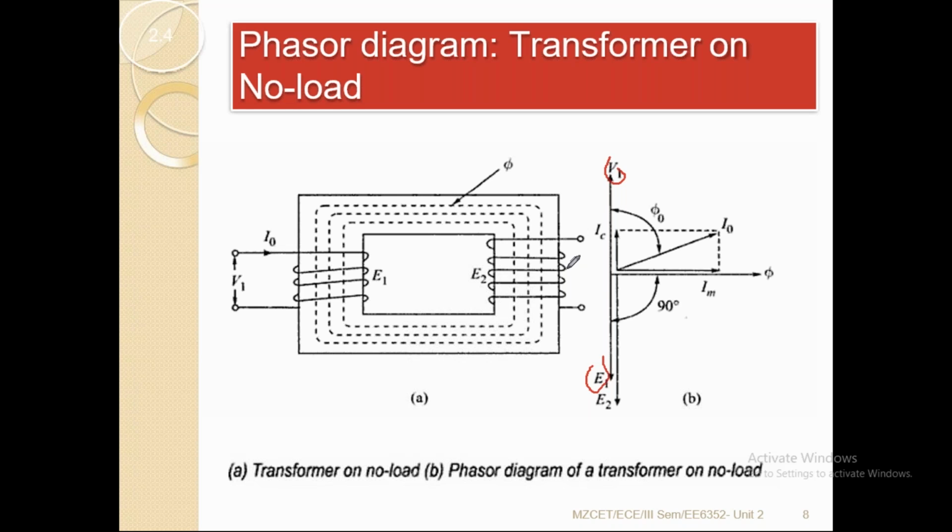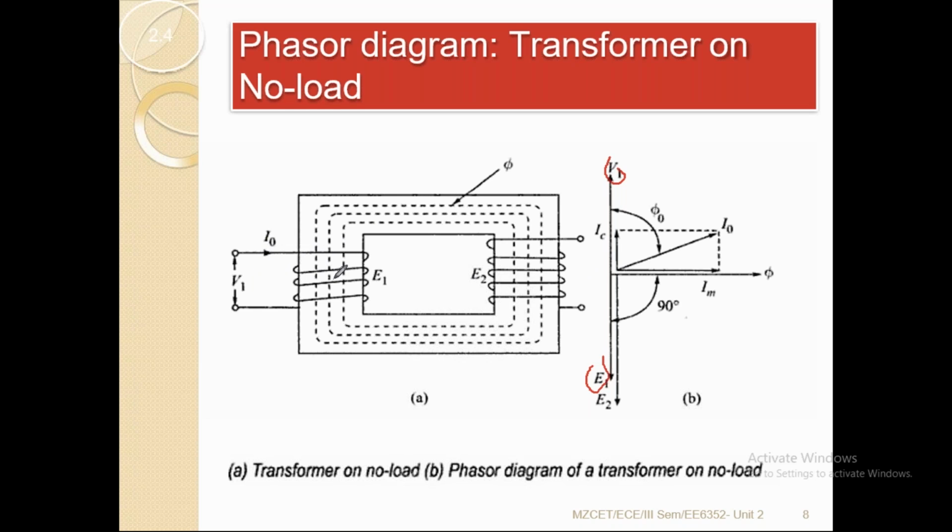The same voltage we apply at the input is available and stored in the device, because we are not connecting any load on the secondary. That's why at no load condition, the primary voltage and primary induced EMF are both in the same phase.